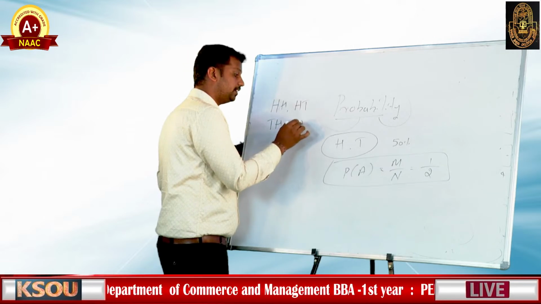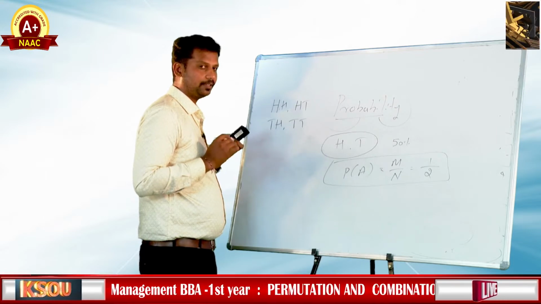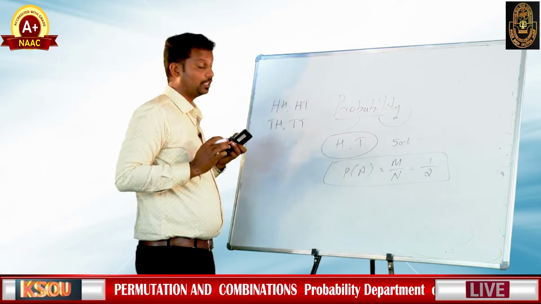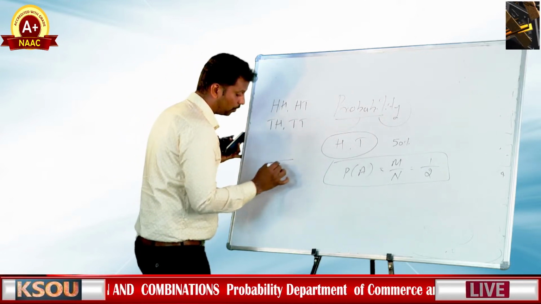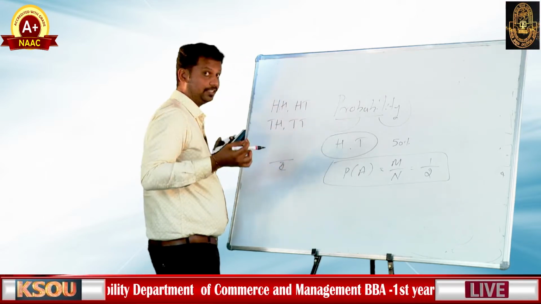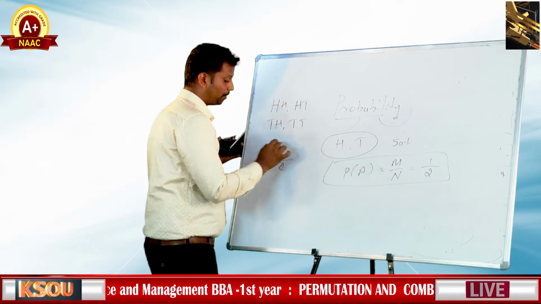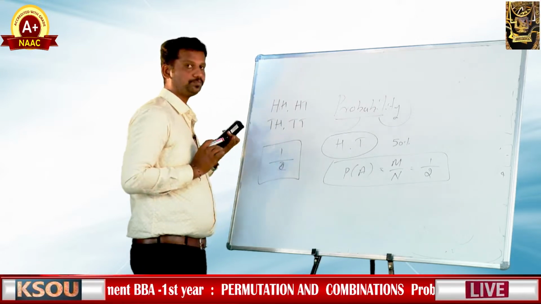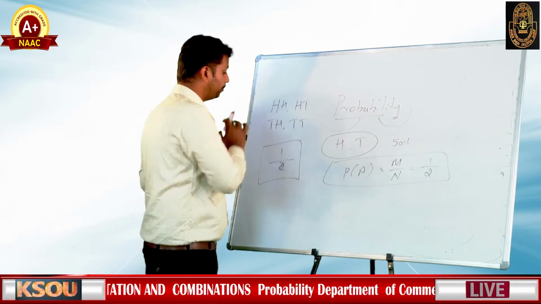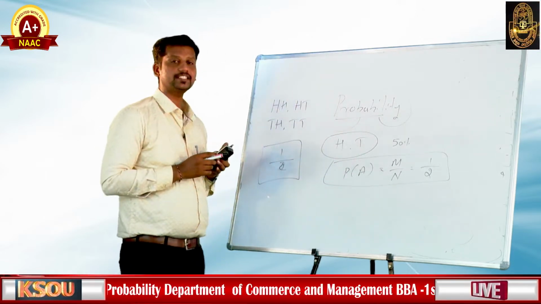Then both coins tail. So out of 4 events, the possibility of getting both heads is only 1. The probability is 25%, that is 1 by 4. That is called probability.